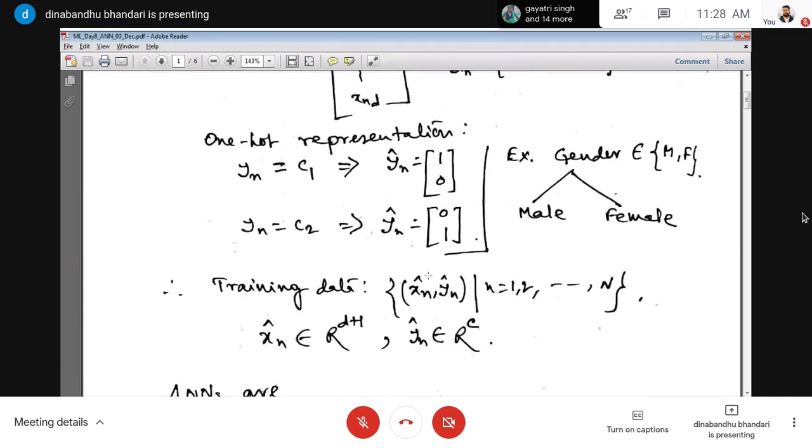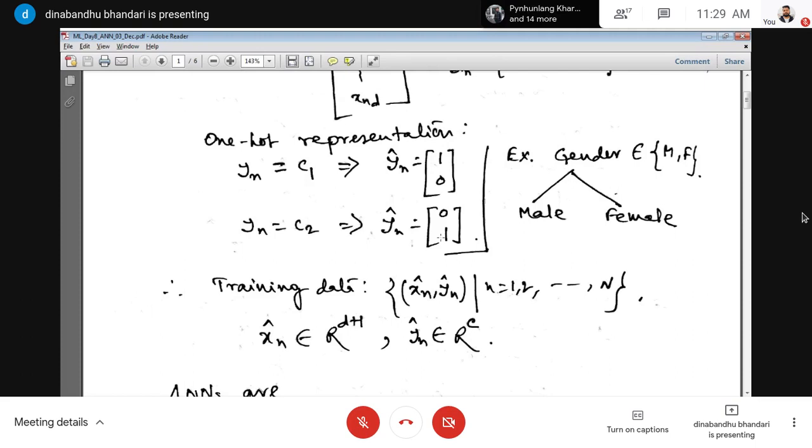So now our training data converts to this, right? Xn remains the same, but Yn earlier was referring to a label, the class it belongs to, either C1 or C2 or CC. Now we do not want to look at that. Instead, we want to look at it as a one hot representation. It is a C component vector. One of them is 1, remaining values are 0.